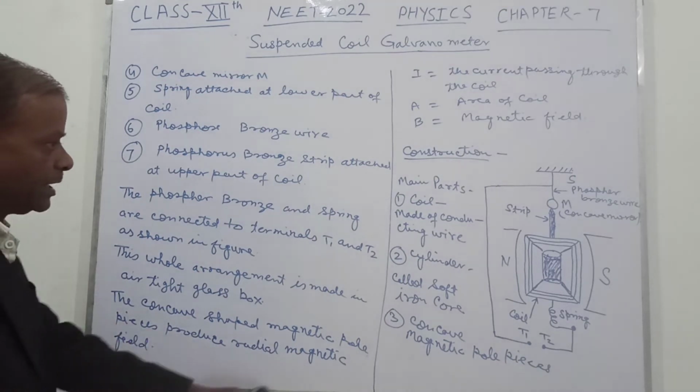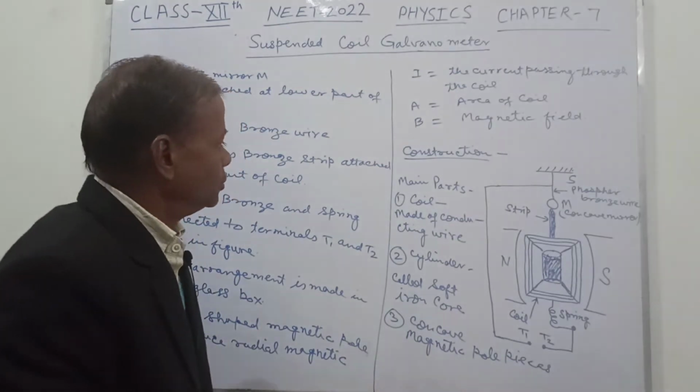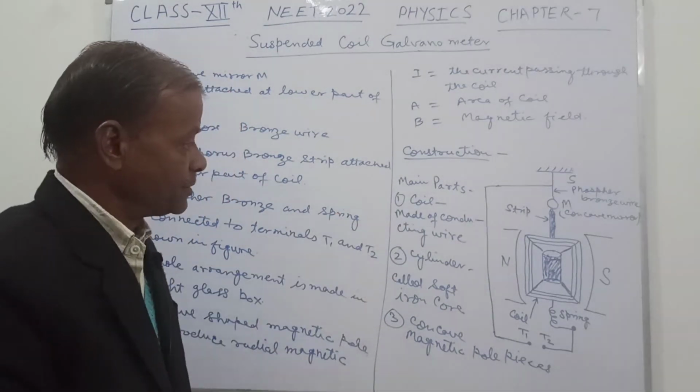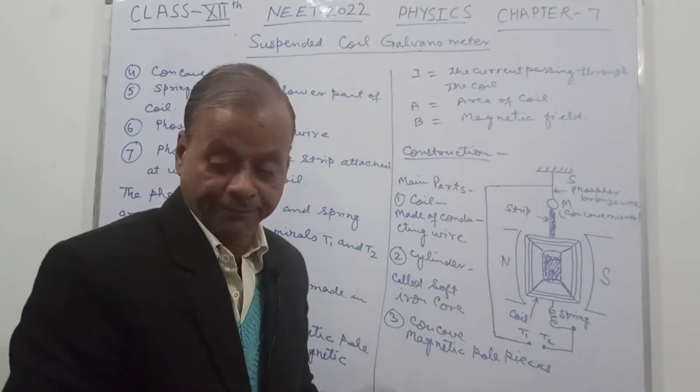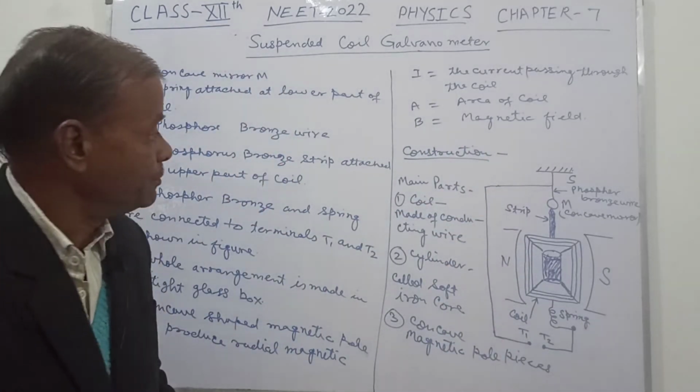They produce radial magnetic field. So now this is the construction of the galvanometer, and now I take its working.